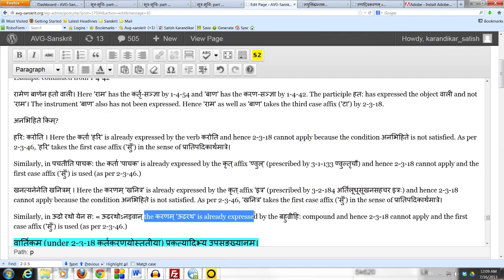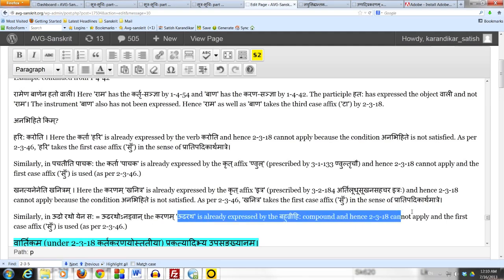The Vigraha Vakyam, the explanatory sentence of the compound, says Udho Ratho Yena Saha. Even though we have not studied compounds yet, we can clearly see that Yena tells us that the instrument is expressed by the compound, and hence 2318 cannot apply because the condition anabhihite is not satisfied, and therefore the first case affix su is used as per 2346. We get the form udharataha.